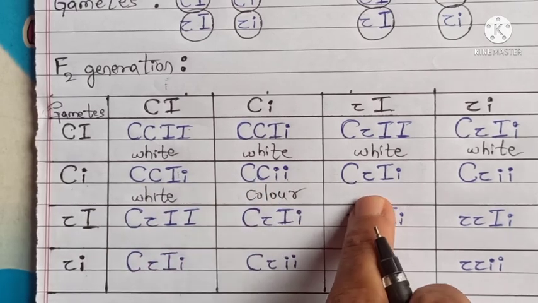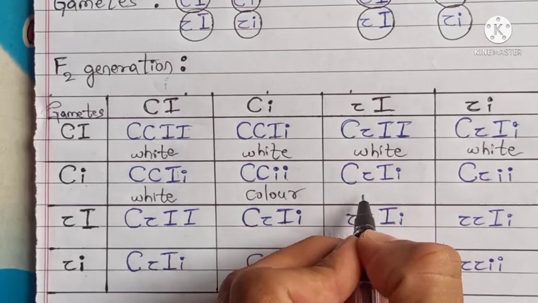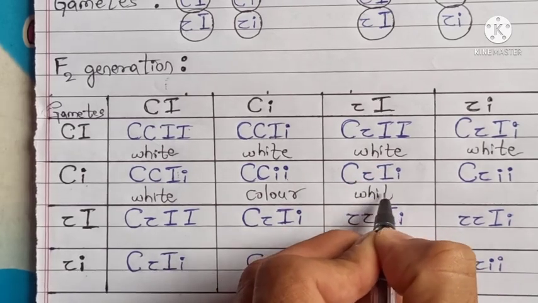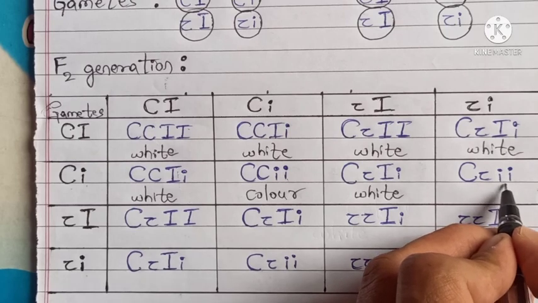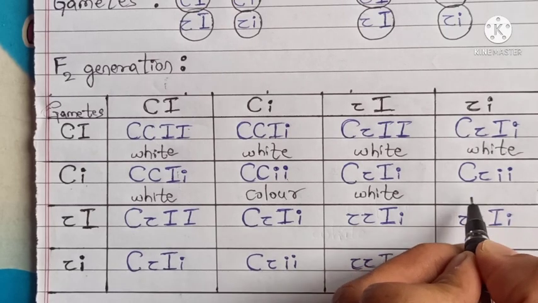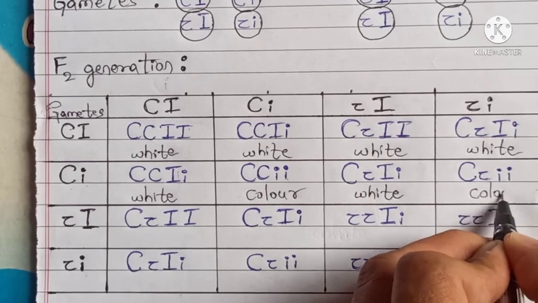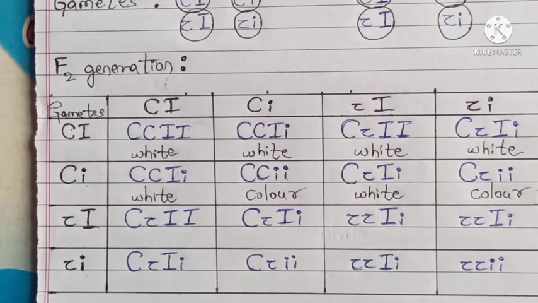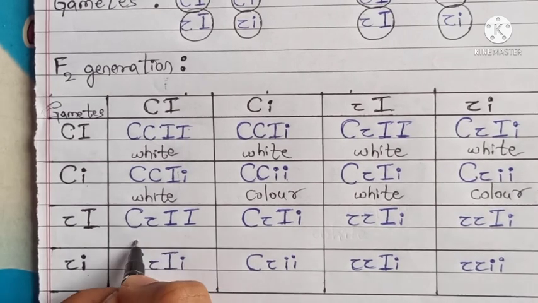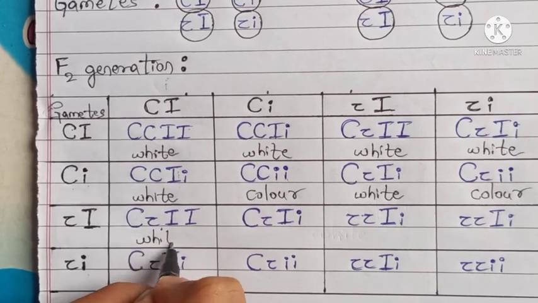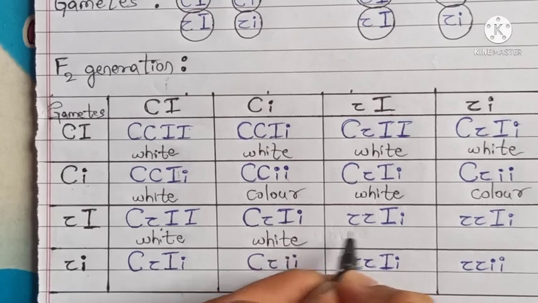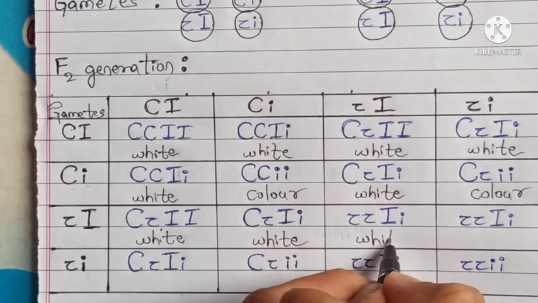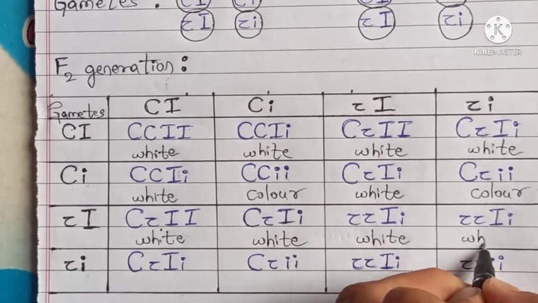Coming to this, again capital I is there, no doubt write white. Here again be very careful, both are small i, and here capital C is present, therefore the character is again color. Then similarly again here capital I is there, so it is white. Again capital I, white. Again capital I, it is also white, and again capital I, white is there.